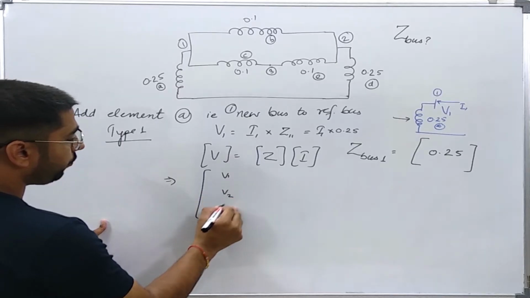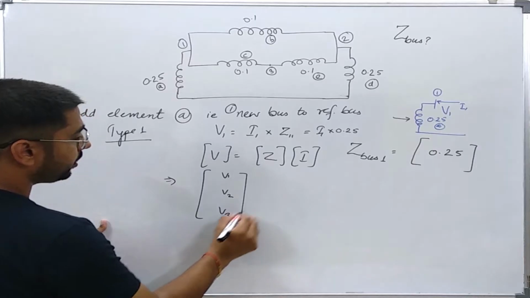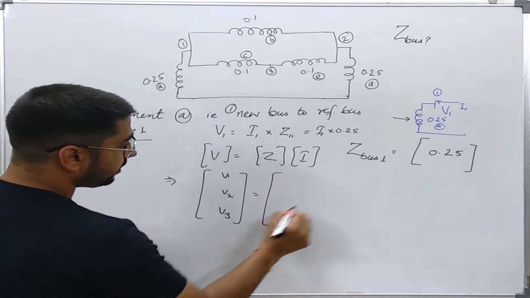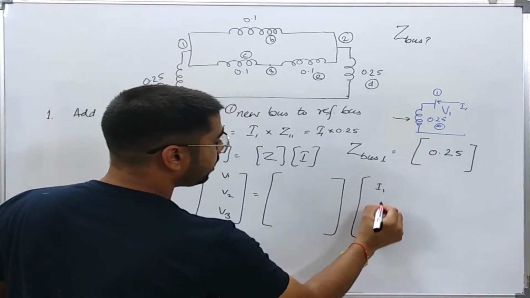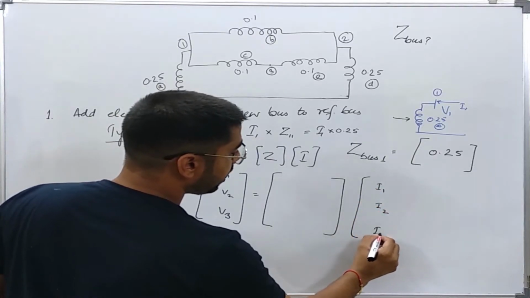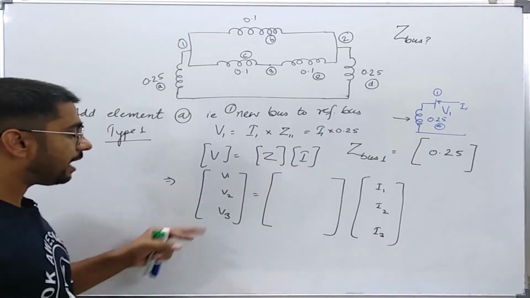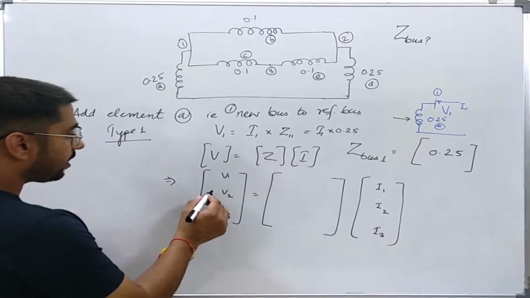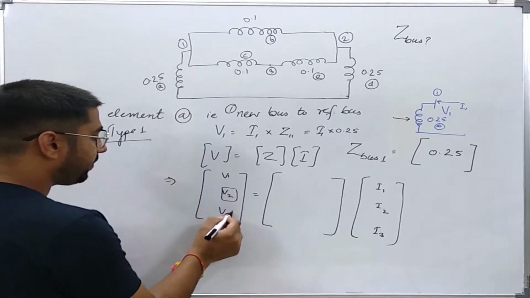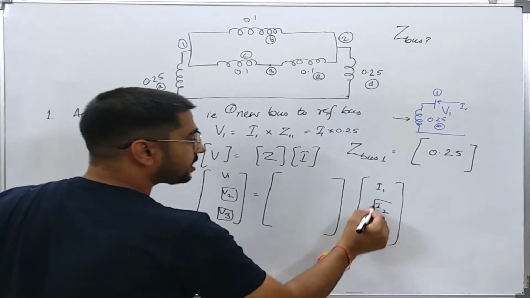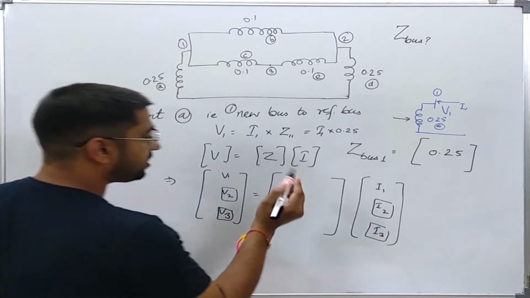So I will write V1, V2, V3 is equal to the bus impedance matrix into I1, I2, I3. As of now, this network is not having V2, V3. These can be taken as 0 also, because there is no bus existing here and no such current existing here.